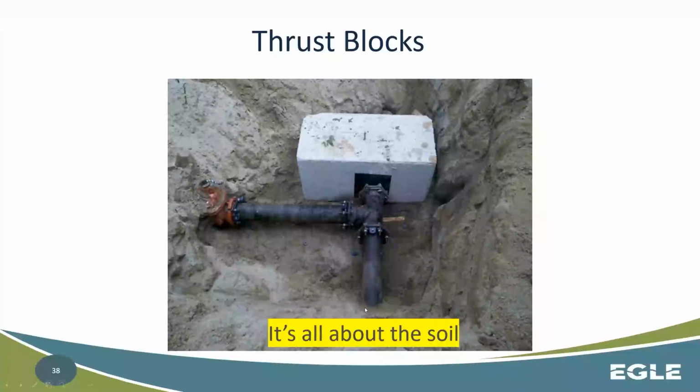As the water comes up, as it shows here, and it's going to make this 90 here, a lot of that thrust is going right into that block, but that block isn't going to do a whole lot if it's not on solid soil that distributes that force into the soil. Okay. And that highly compacted, fairly untouched soil.